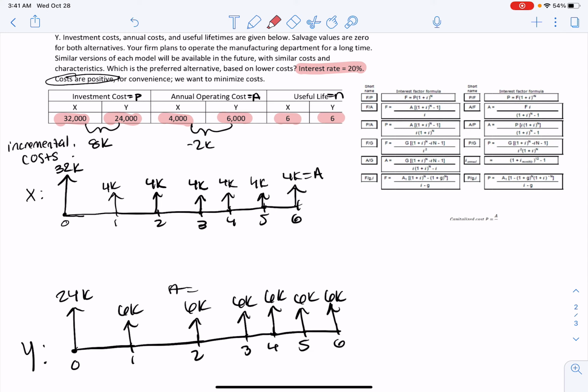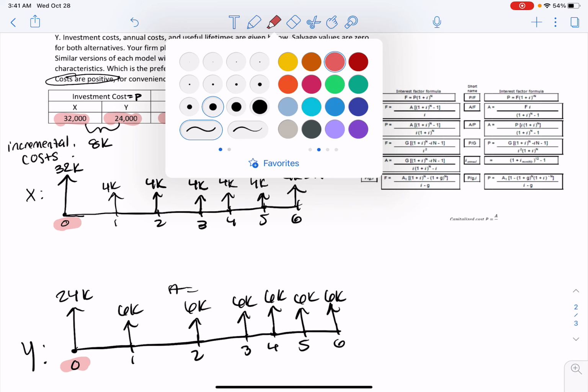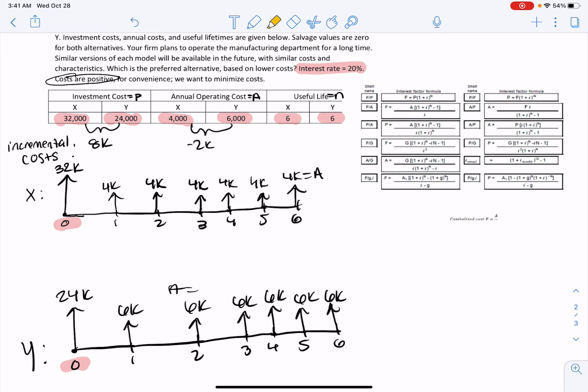When you're given annual, your 0 right here has to be no payment at 0, and in this case it is. So our actual annual cash flow would just be this, but without the 32,000.